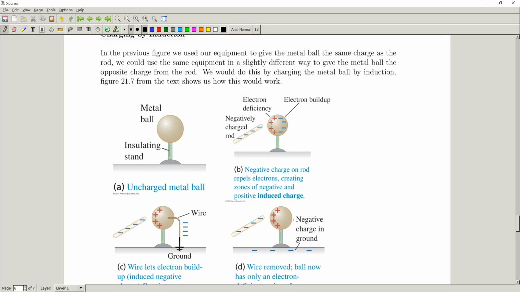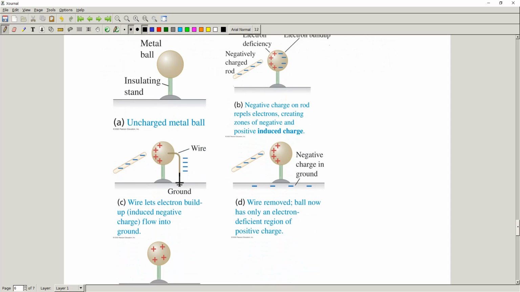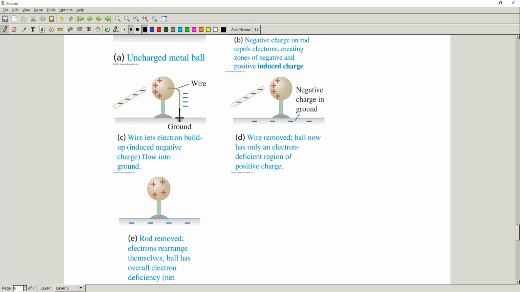And if we then disconnected this wire, we would have robbed some of the negative charge that was in the ball already from that ball and put it to ground. And so what do we end up with? We end up with a ball with a net positive charge now. Our metal ball has a net positive charge. The ground has the negative charge that we drove off the ball using our rod here, and we end up with this setup that we have here, right?